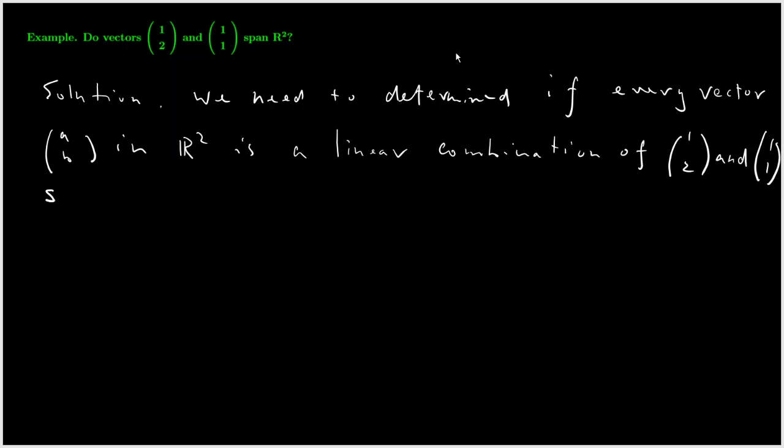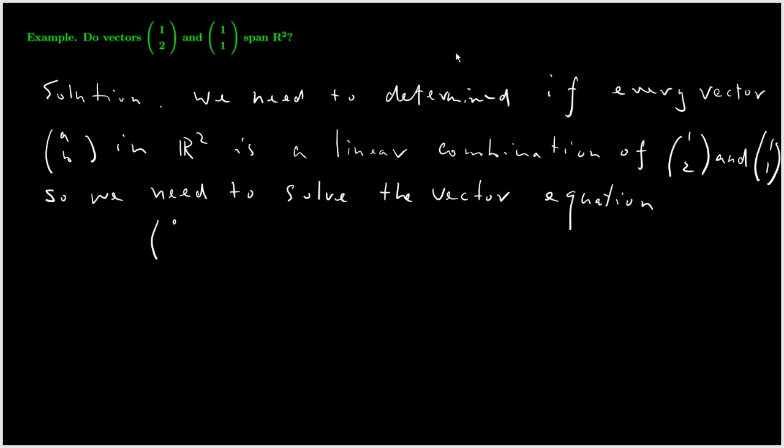So we need to solve the vector equation. Now let's say on the left hand side you have (a, b).